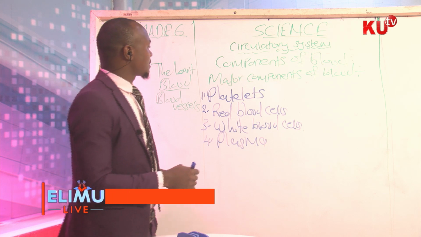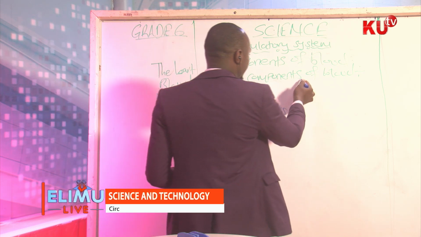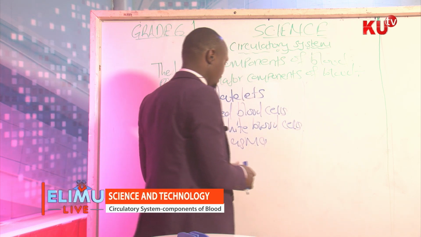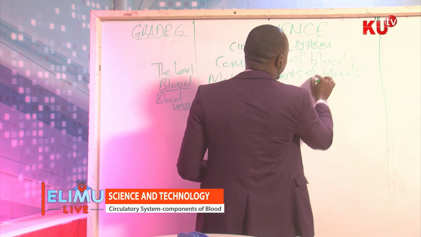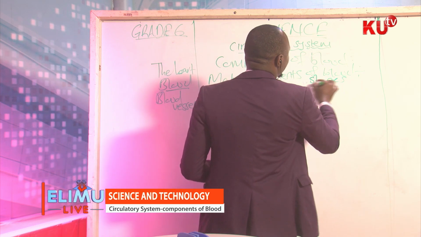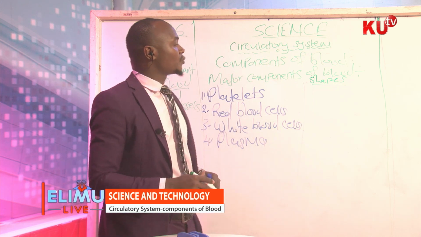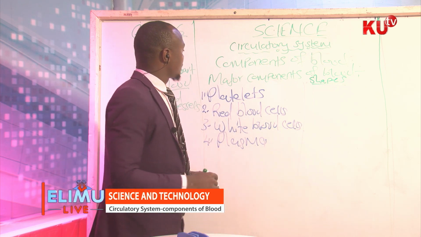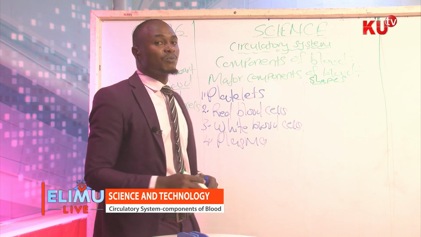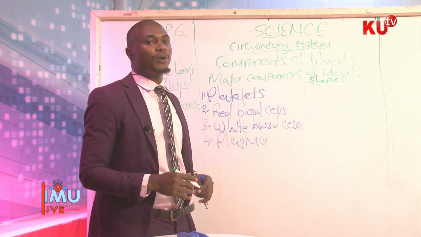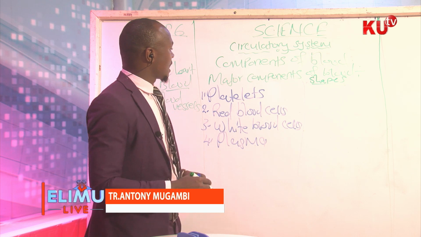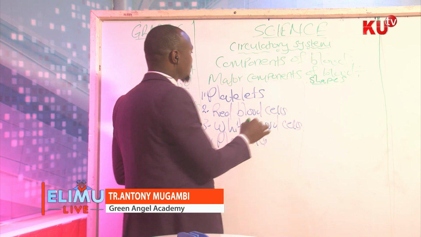These components have their shapes, and they have different shapes. The first one, the platelet, is our smallest blood component.